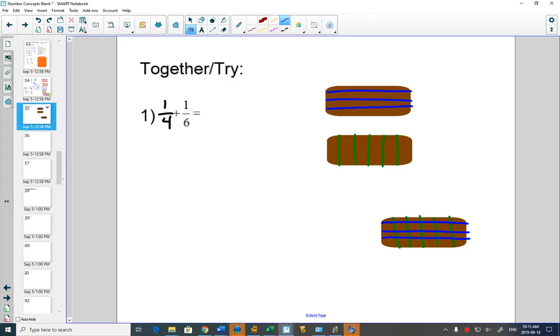Now, if the blue lines and the green lines were put together, how many pieces would you have on that chocolate bar? 24. Okay? So instead of doing 12ths this time, I'm going to do 24ths.